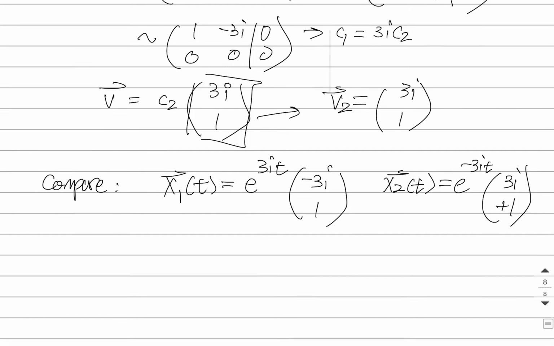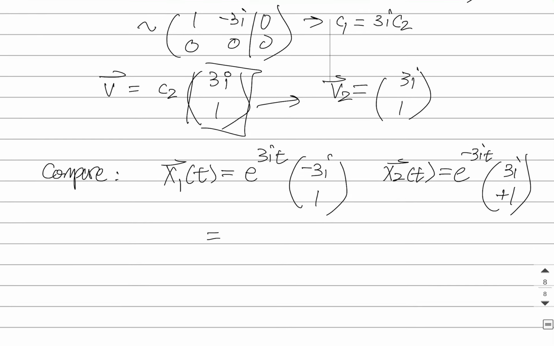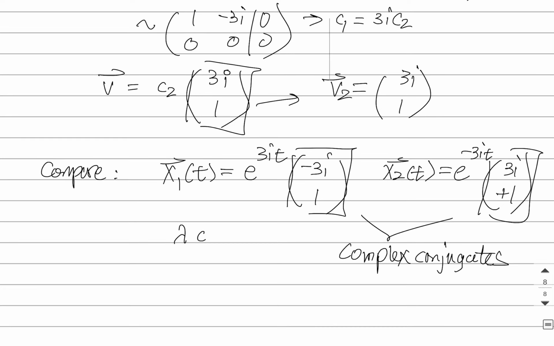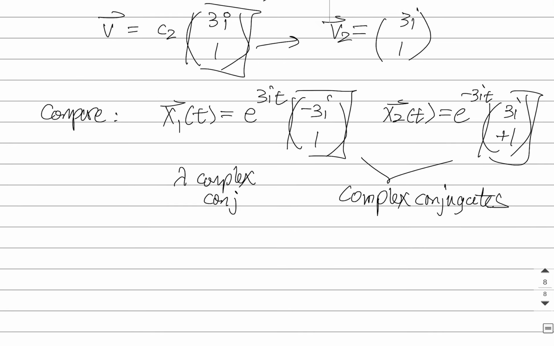What you'll notice is that these vectors are complex conjugates, in the same way that the lambdas were complex conjugates. Now, the lambdas we are expecting to be complex conjugates, but do we expect these v's to be complex conjugates?